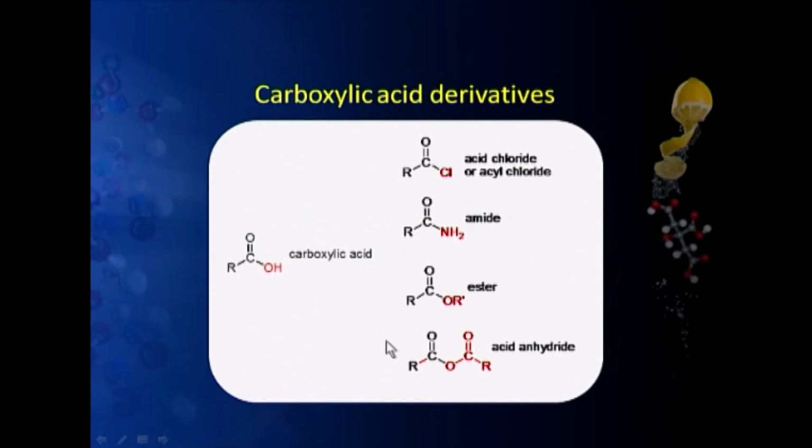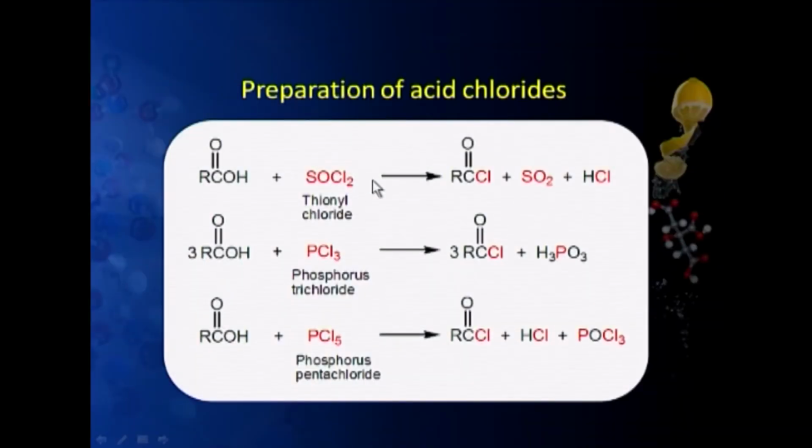Based on that we compared which of these is most reactive and which is least reactive, and we found that acid chlorides are the most reactive whereas acid amides are least reactive, and acid chlorides can be used for the preparation of all other classes of these acid derivatives. So, today we are going to take the methods for the preparation and their important reactions one by one. First, let us take acid chlorides.